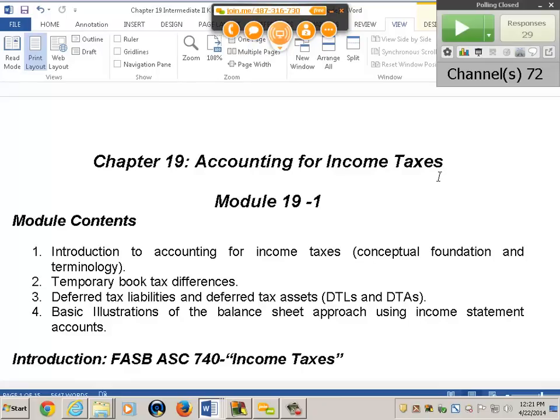And on the income statement model, here's the way it works. We're going to say that on our financial statements, let's take the income statement because the traditional approach is the income statement. Based on GAAP income before tax.